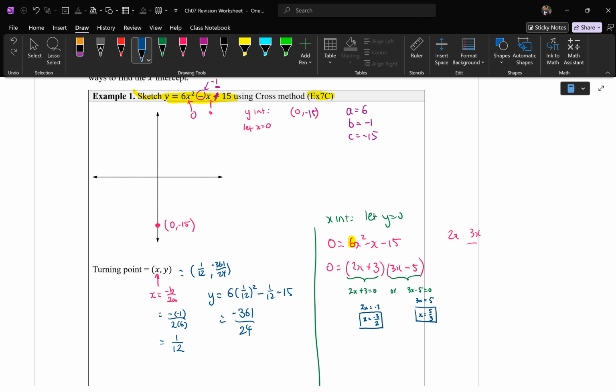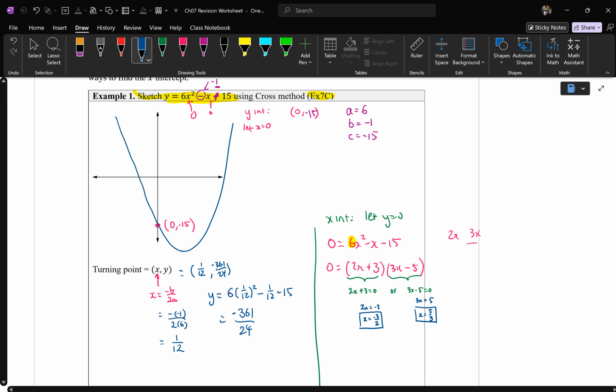So if I draw the graph now, you can see the turning point is 1 on 12, so somewhere over here, and then it is about -361 on 24, which to me looks like the graph will be something like this.